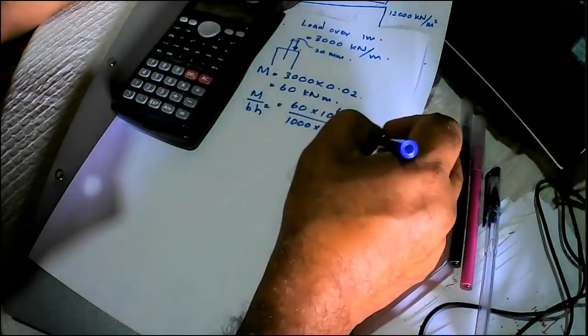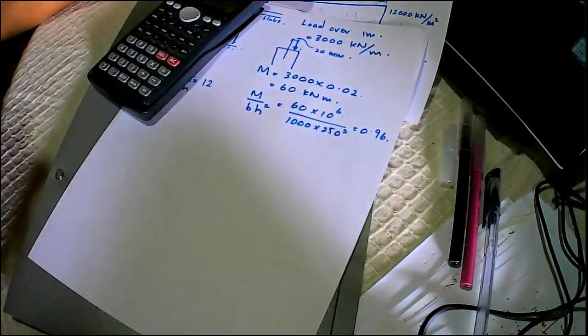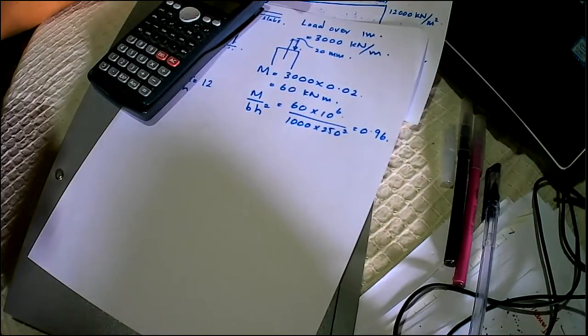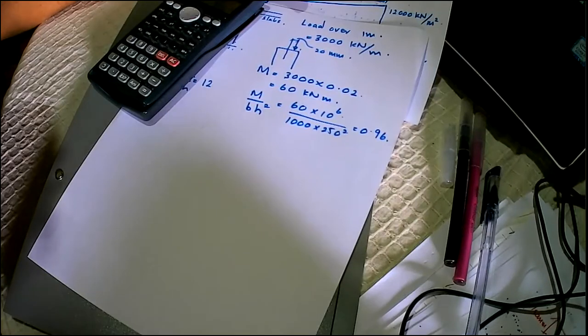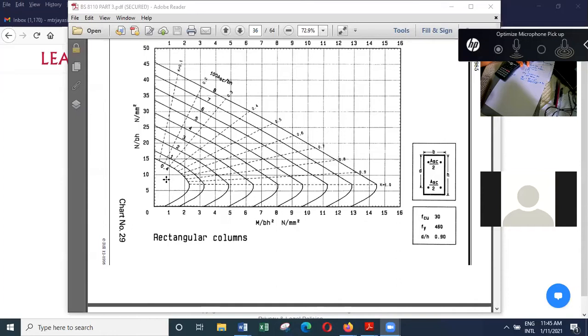That's 0.96. Then what we do is, we'll go to the column chart again. And then we have 12 here and 0.96. 0.96 is somewhere here. So we'll end up with something like 0.4% reinforcement, right? So we say 100 AS over BH is equal to 0.4%.